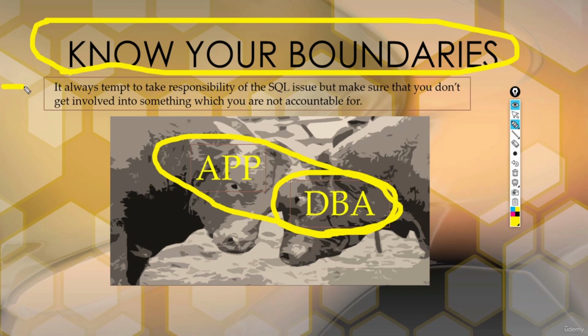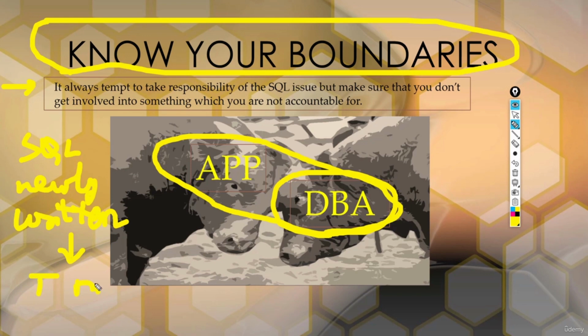Why? Because whenever a DBA gets a performance issue, you always get tempted to take responsibility of the SQL performance, right? So you need to make sure that you don't get involved into something which you are not accountable for. So typical examples are, if a SQL query is newly written by the development team or application team, and they are expecting that SQL to execute within milliseconds, right?